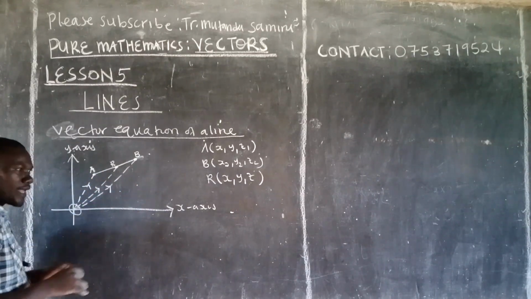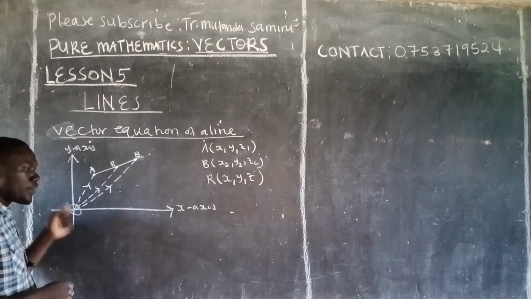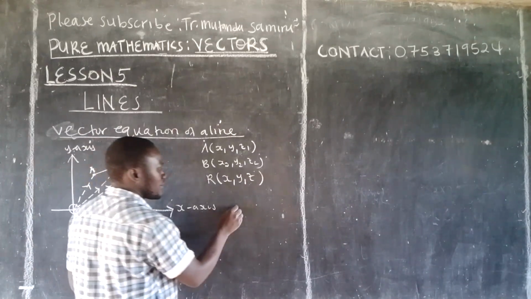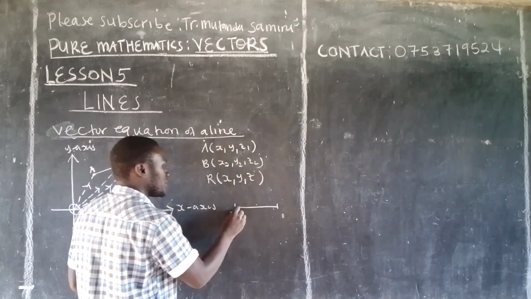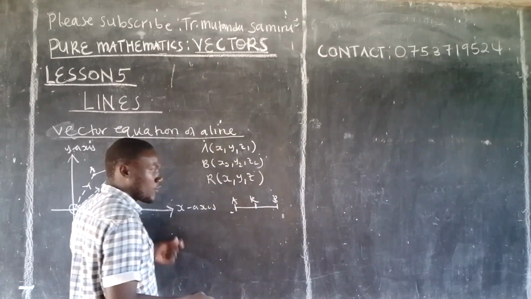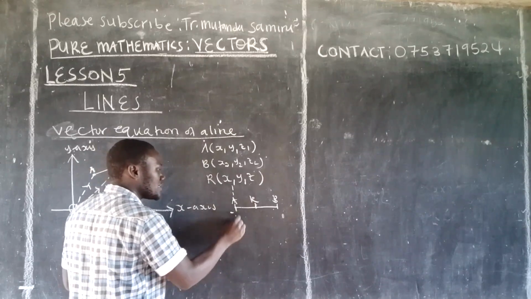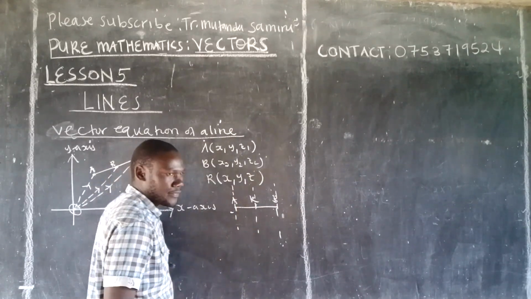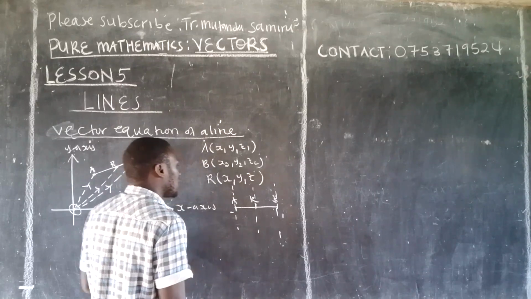They are on the same line. Once points are collinear, in this order A, R and B, you have a right to put these dotted lines like that, and you see that they are parallel. Collinear points are also parallel lines.